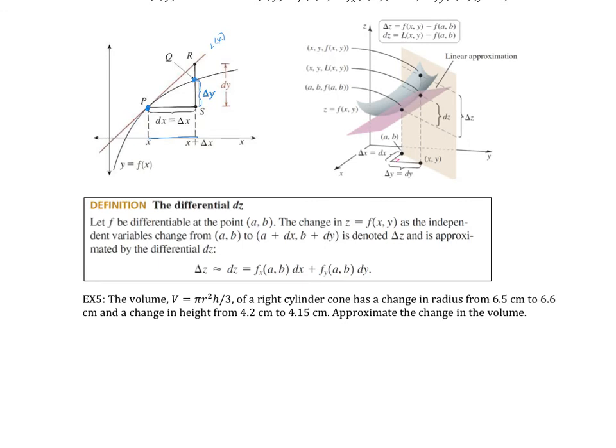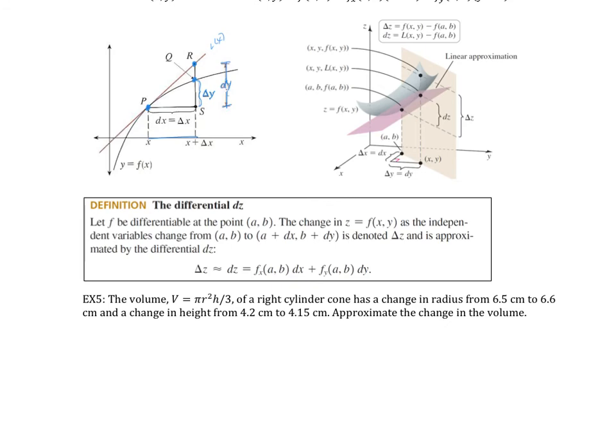However, this point x plus delta x also corresponds to a point on our linear approximation. So the change in the y values for our linear approximation would be dy. That's our differential. So the differentials are the change on our linear approximation, or our tangent line.